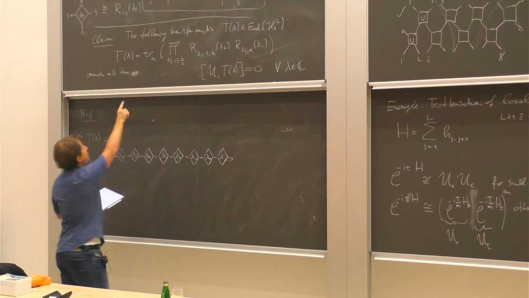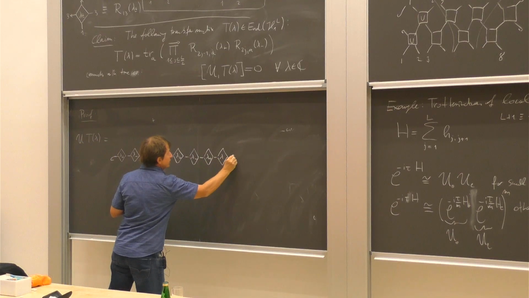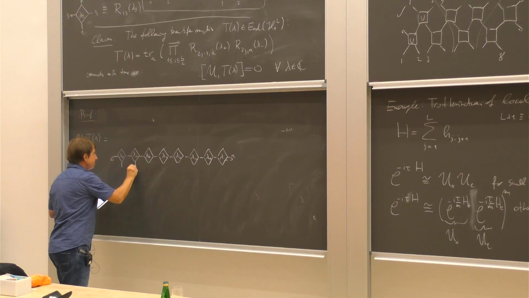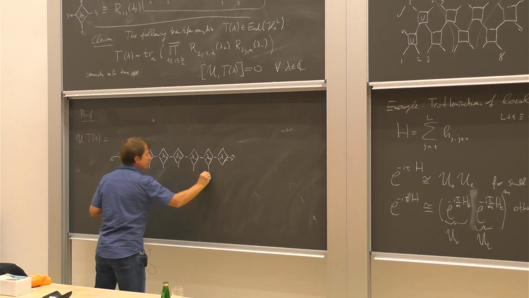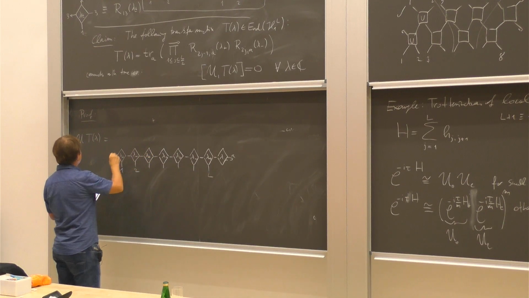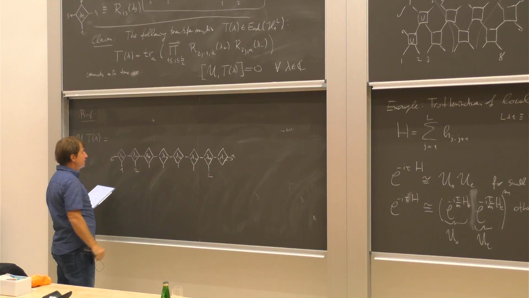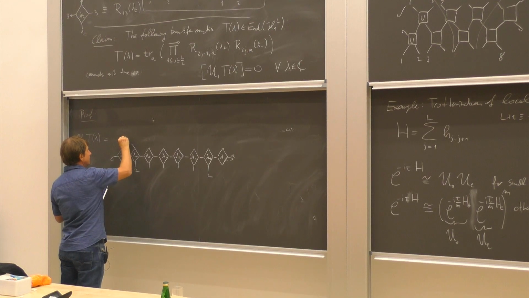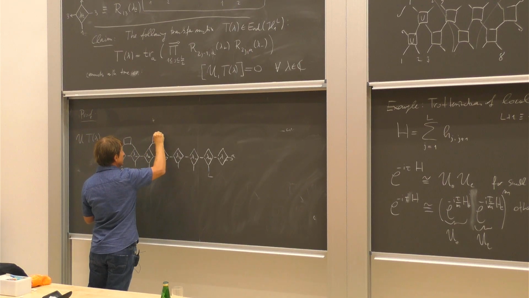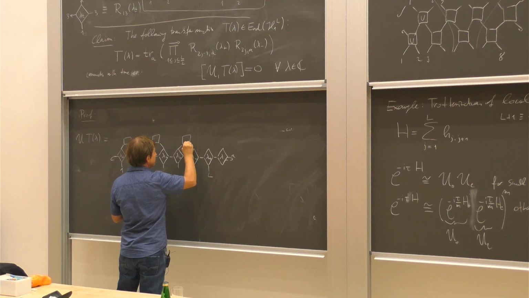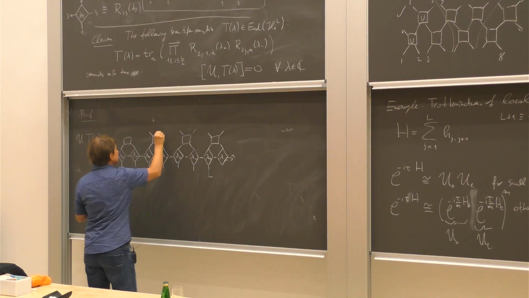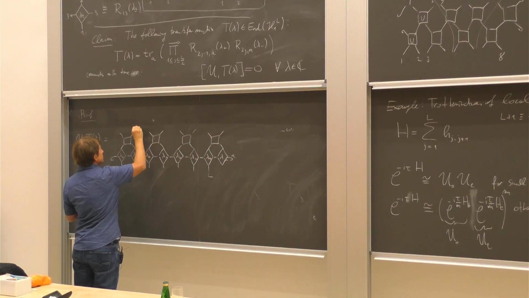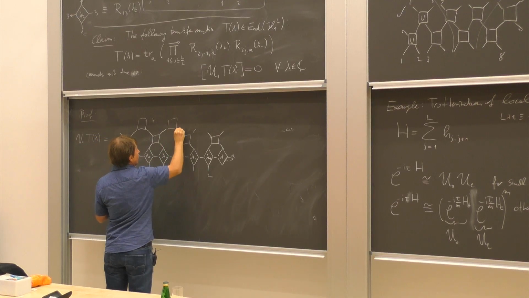Now for me, the auxiliary space is already indicated by A. So this is the space A, which I trace over, and this is an operator. It has indices 1, 2, up to L. And then I apply U on it. First I start with U even, which is this guy, and then U odd.